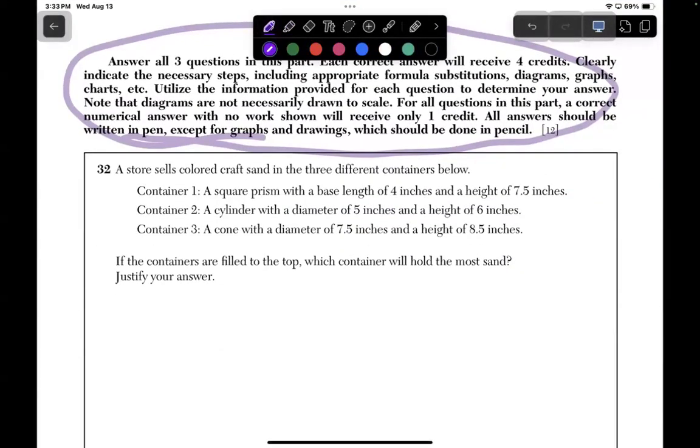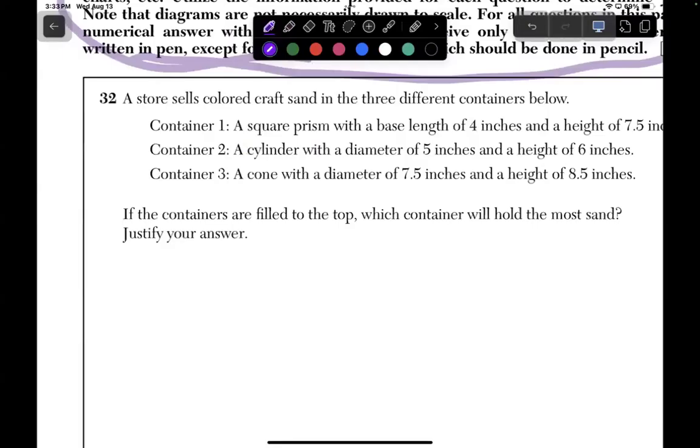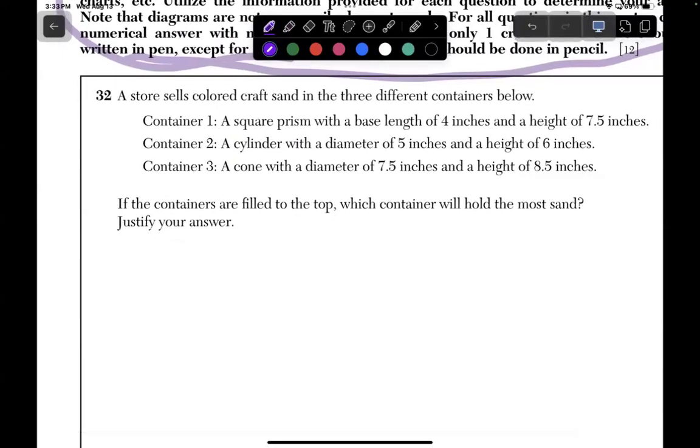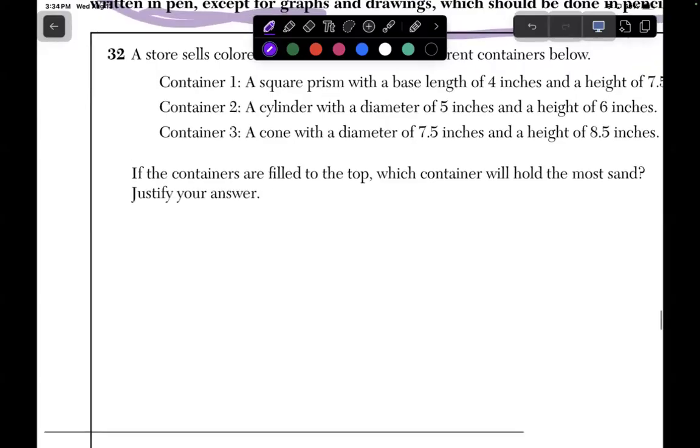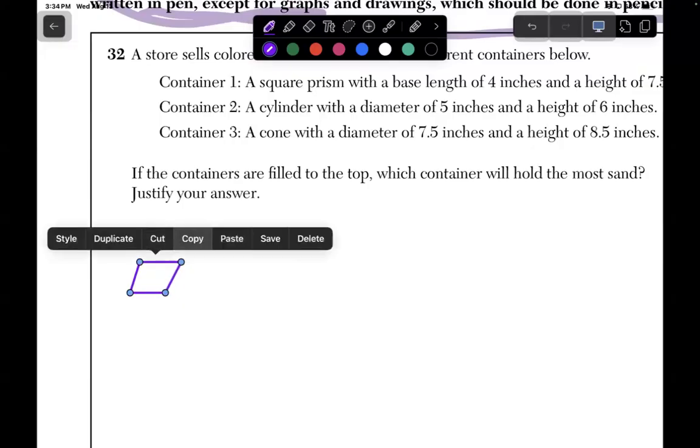So let's go through each one of these. The first one is a square prism with a base length of 4 and a height of 7.5. So if it's a square prism, let me go ahead and sketch that.